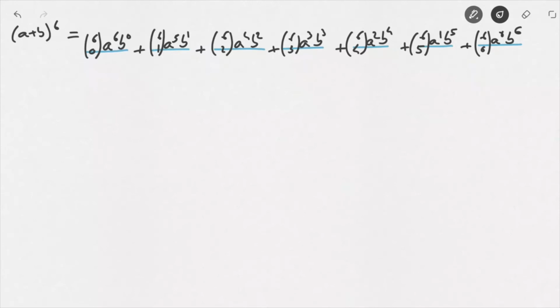Now, all we need to do is tidy up these exponents. So remember, we get rid of any a to the power of 0 or b to the power of 0, and any a to the power of 1 we just write as a, and likewise any b to the power of 1 we just write as b.